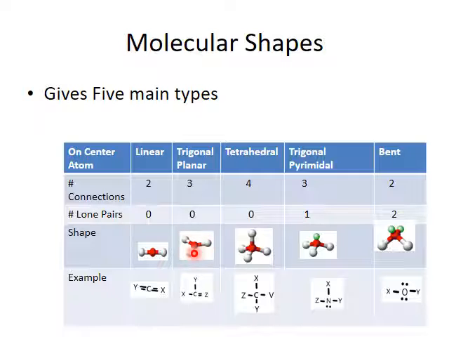So the name of this shape of molecule is triangular, or trigonal, because it has a triangle shape, and because it's flat and lies on the table, we call it trigonal planar. The way to tell if you have a trigonal planar molecule is that the center atom has 3 atoms attached, and no lone pairs.